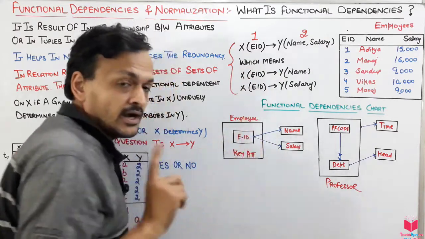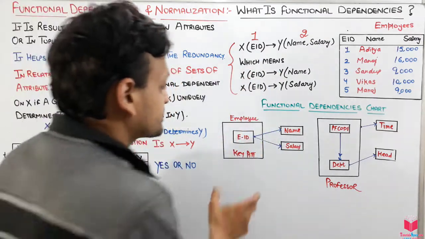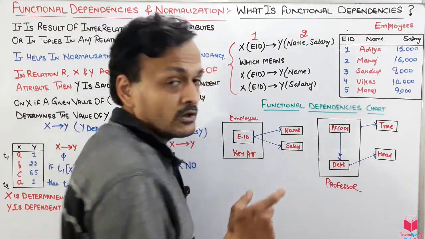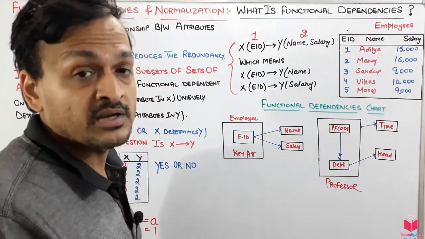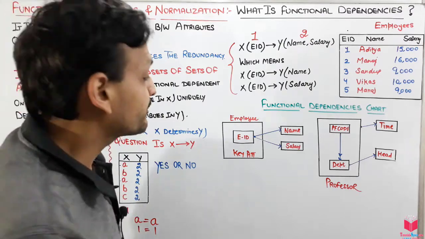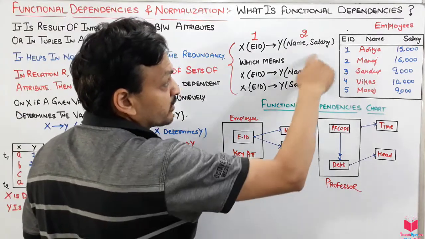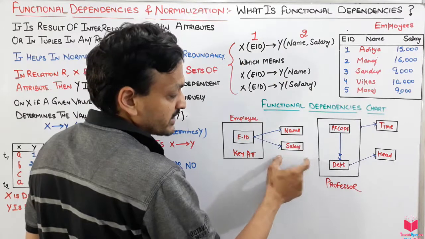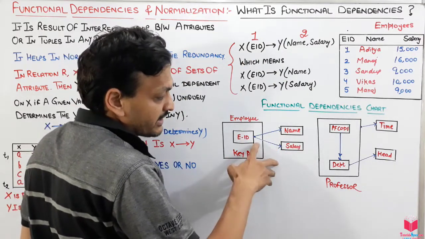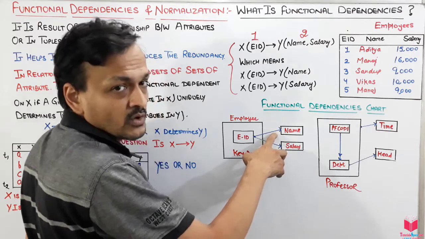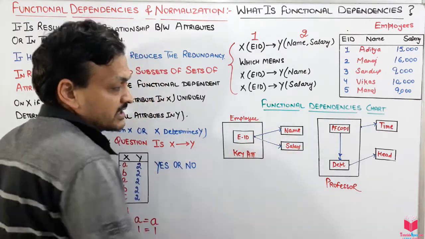And after that, outside this box we write all the non-key prime attributes, or those attributes which are dependent on the determinants. So we have name and salary, they both depend on EID, so both are outside. So from this to this, EID determines salary, EID determines name. Okay guys, so we have to make this chart.